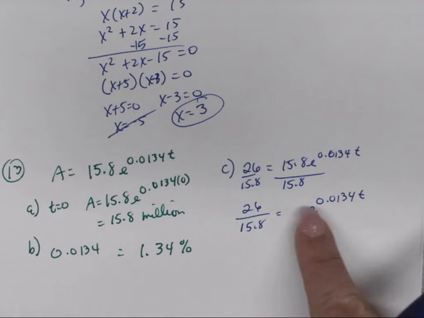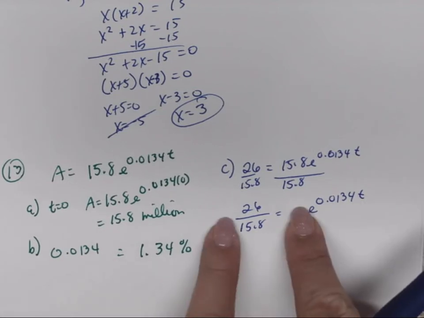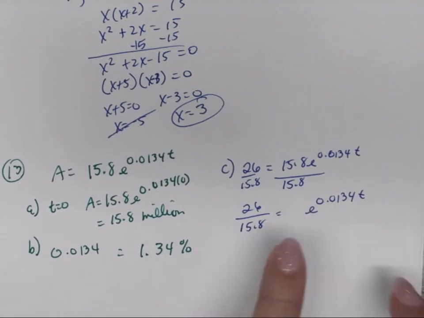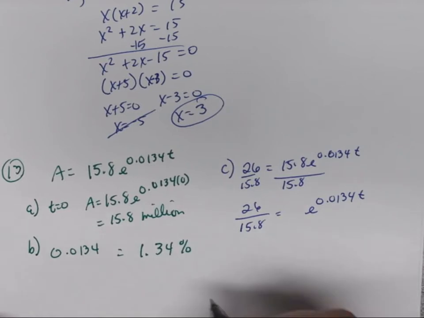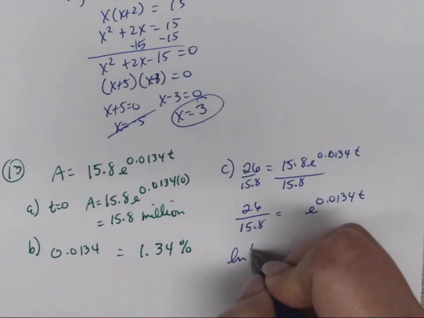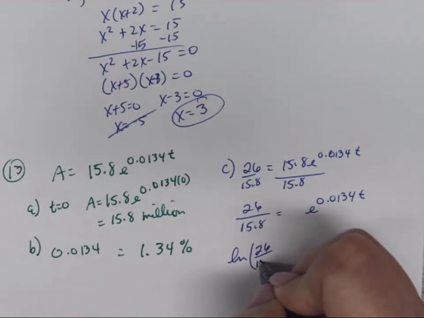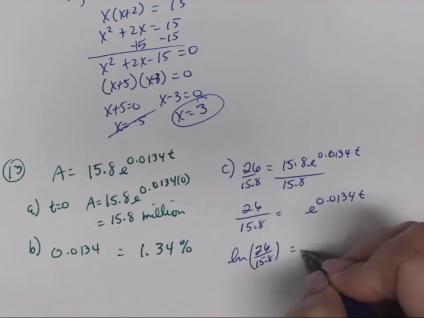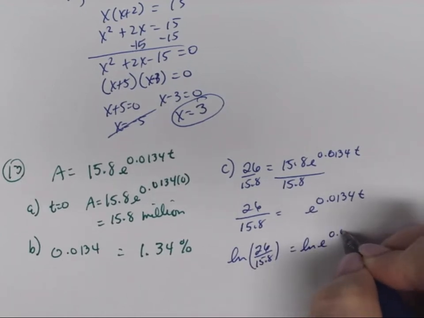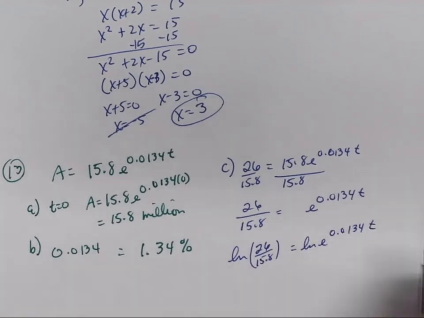Now to clear this, I need to take the ln of both sides so I can get the t out. Remember, ln and e will undo each other. So the ln of 26 divided by 15.8 equals the ln of e to the 0.0134 t. Well, those will undo each other.